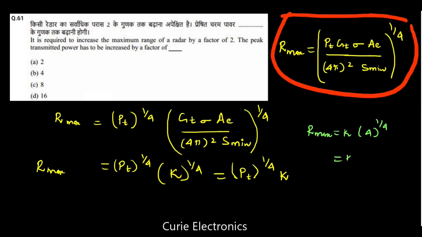So K, let it be like that only. K we are not worried about. Now how can I write this? I can write it as half into half. That means first we take the square root of 4. What is that? 2. Again if you take the square root of 2, what will we get? We will get 1.41. So this is not the right option. Now again what I will do, I will take 16 R max.